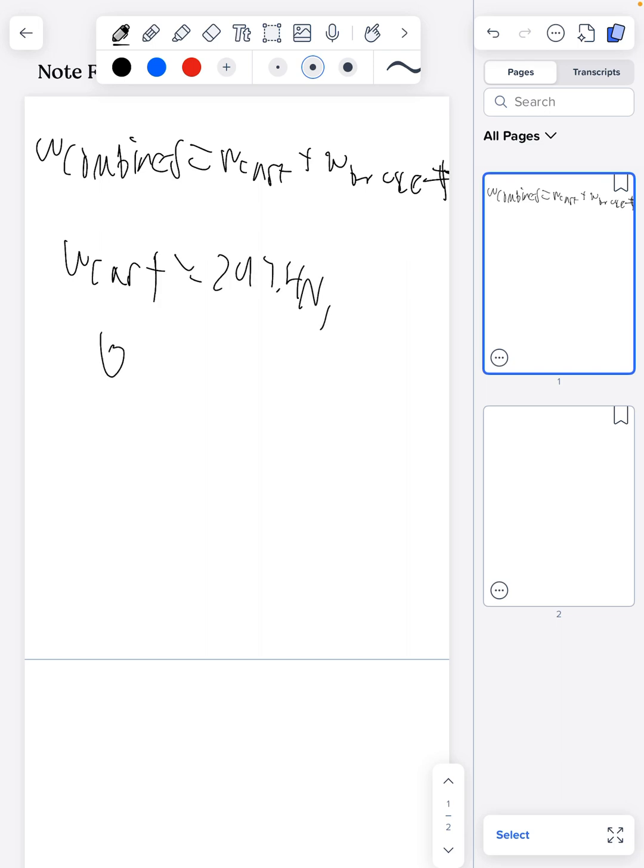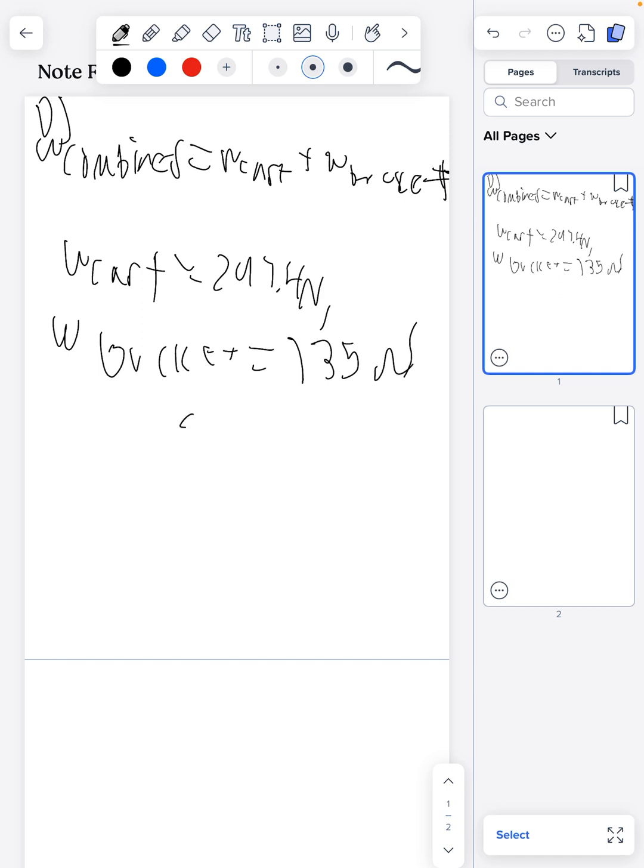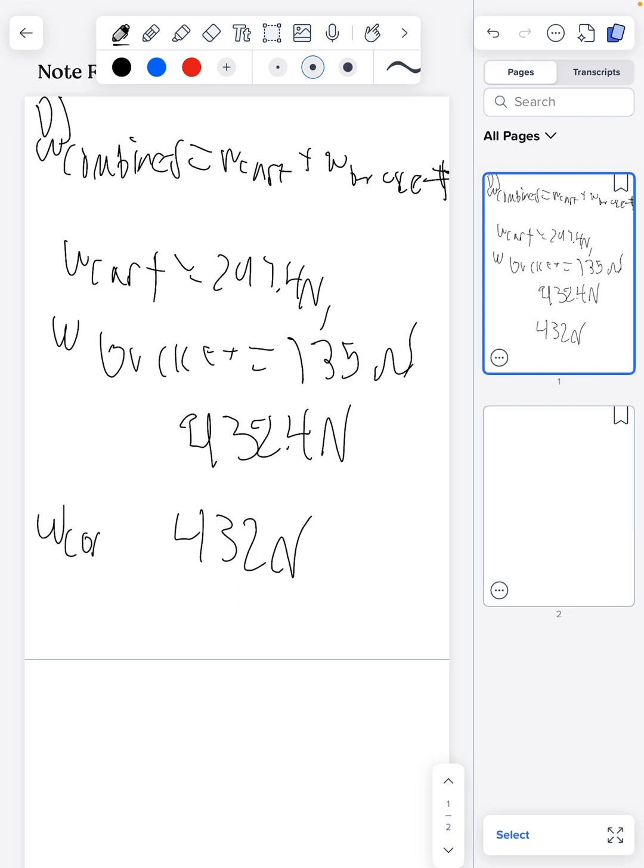And we know the weight of the bucket is 135 newtons, since it was stated earlier. And also, if you didn't know that, then you would know that the tension would equal the weight of the bucket, as given from our last problem. So we're going to combine those two, and that is going to get you 432.4 newtons. And then we're going to round it to 3 significant figures. So that'll be 432 newtons. That is the combined weight.